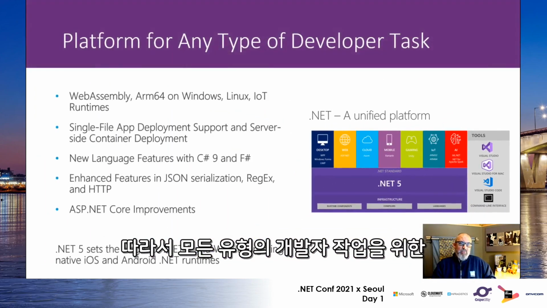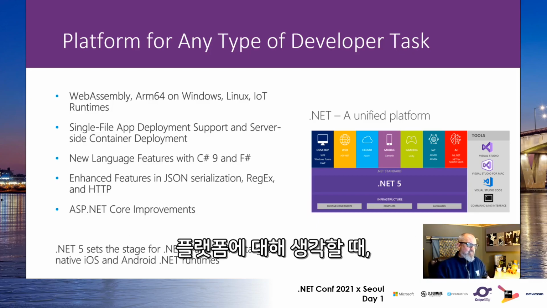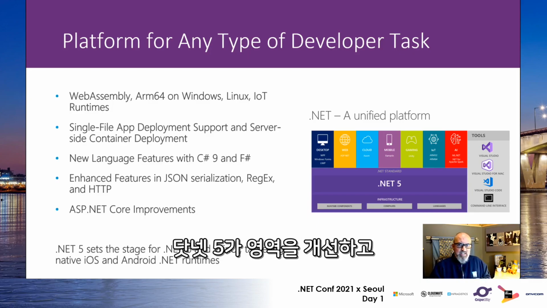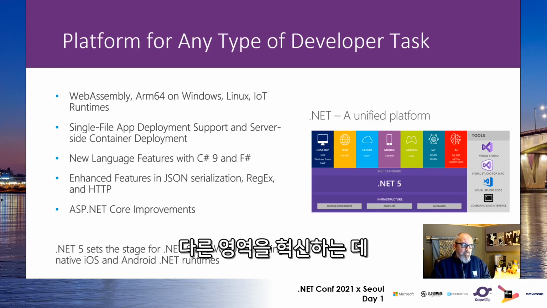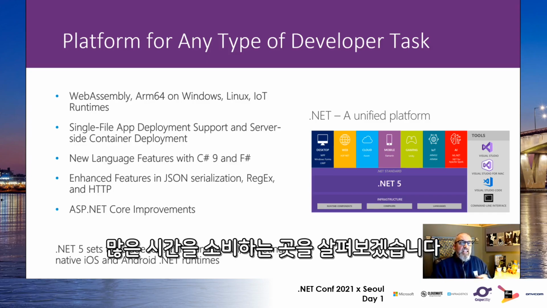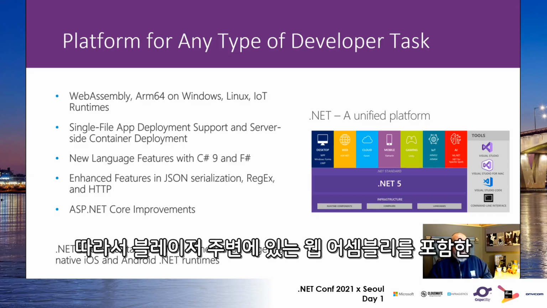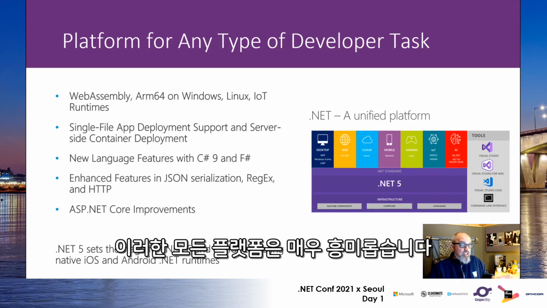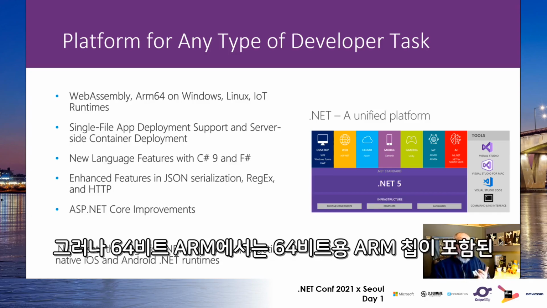When we think about the platform for any type of developer task, let's look at where .NET 5 spent a lot of time improving areas and then innovating in other areas. All of these platforms, including WebAssembly, which is around Blazor, which is very exciting, but also ARM64.